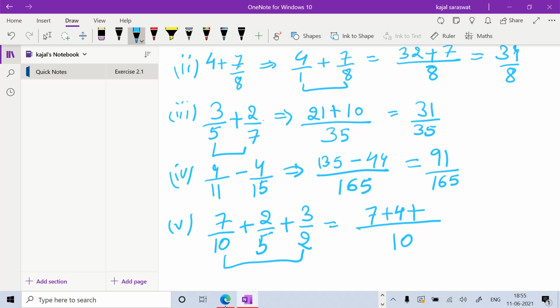So here is the answer. We then add, which is 26 upon 10. Now we can write it in the smallest form. We can write it as 13 upon 5. So this is the correct answer.